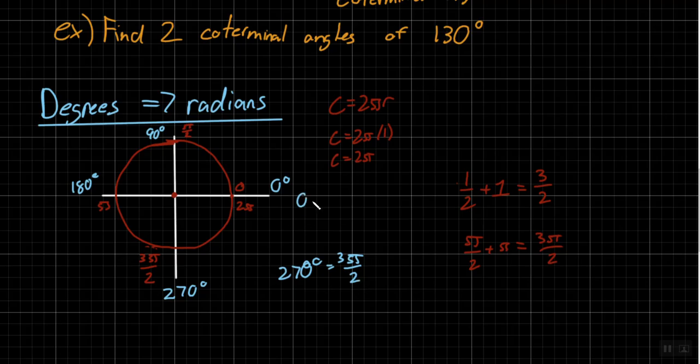So 0 degrees equals 0 radians. 90 degrees equals pi divided by 2 radians. And 180 degrees equals how much? Just pi radians.